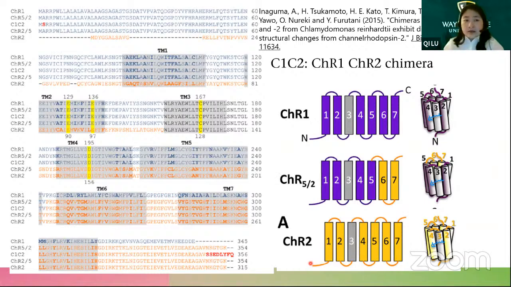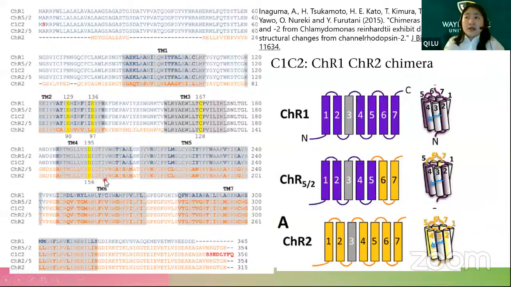But when we take a look at the sequence, we can find that transmembrane 3 is actually identical, and transmembrane 4 is also quite similar, not a big difference.